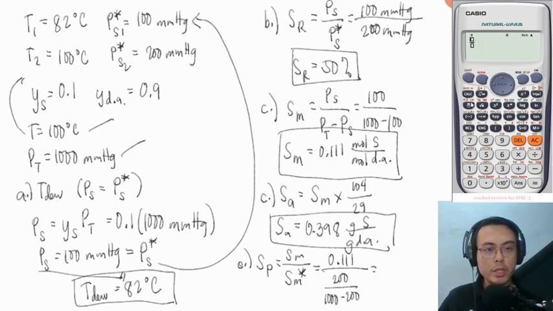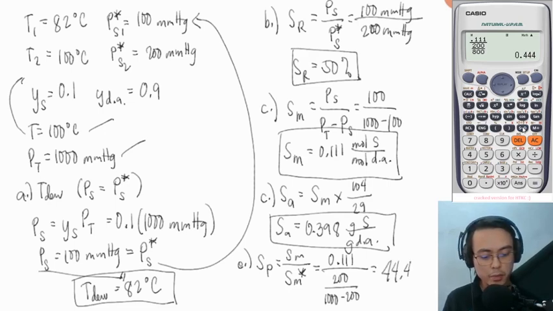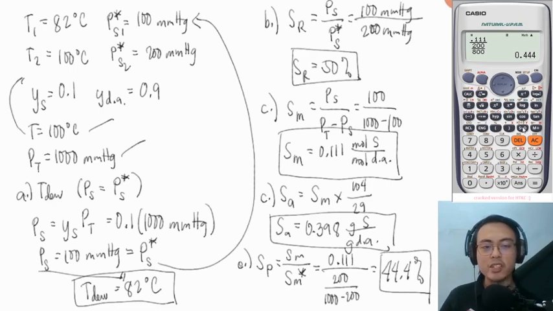So that is 0.111 over 200 over 800, 1000 minus 200. That is 44.4%. That is our percentage saturation.